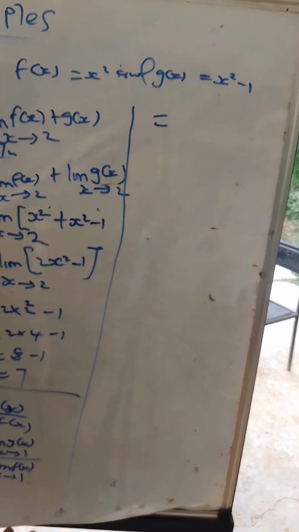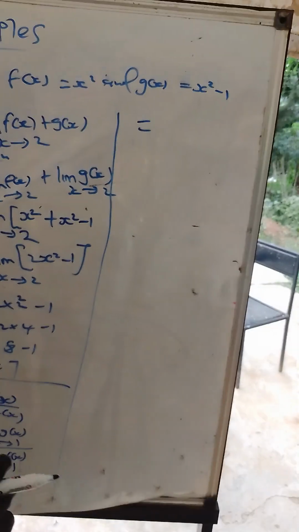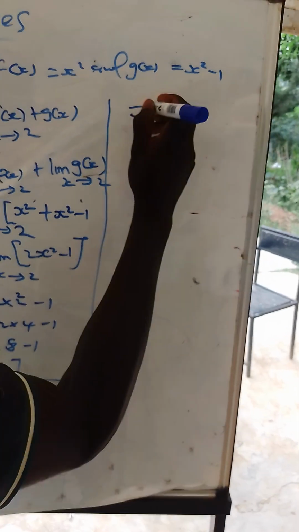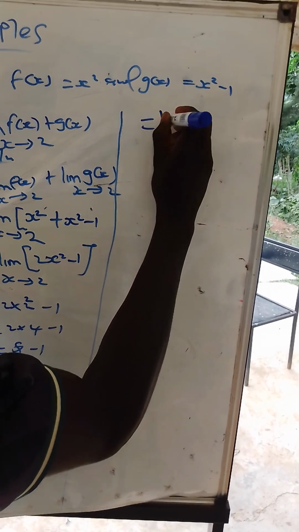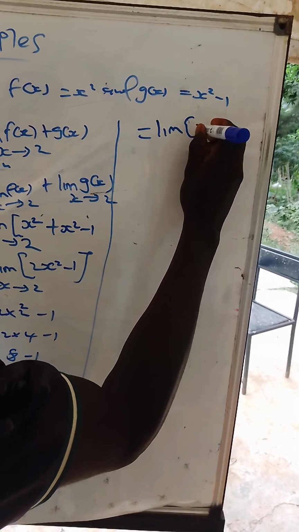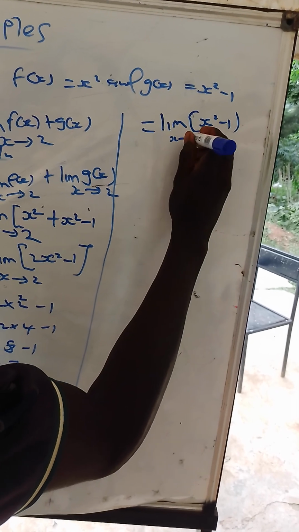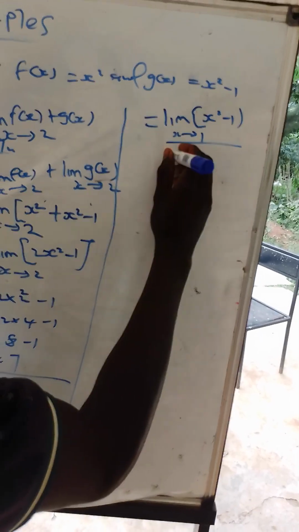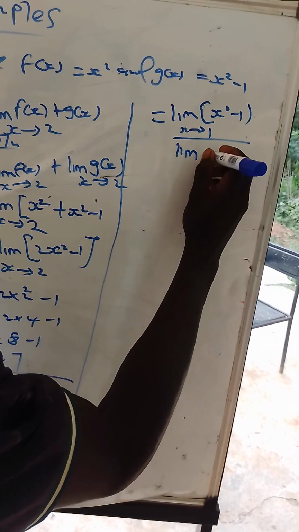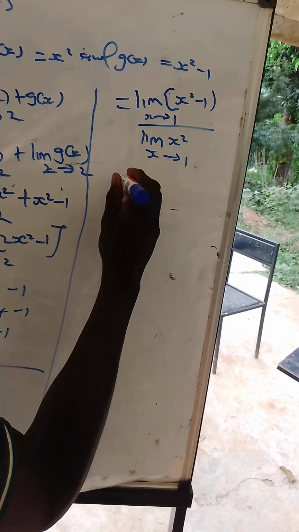now here we are going to replace the value for the limit of the function g of x. Now our limit of the function g of x is the same as x squared minus 1 for x tending into 1 divided by the limit of our function x squared for x tending into 1.